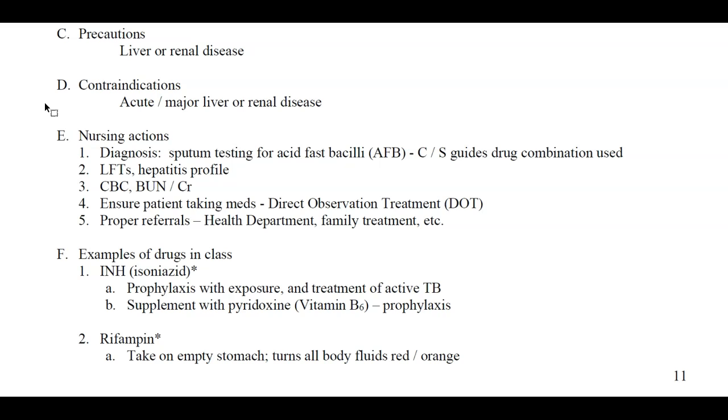Now, the QuantiFERON-Gold serum blood test is more accurate, and it will give the provider an idea of a current active TB infection. That being said, insurance companies don't always cover the QuantiFERON-Gold test. So sometimes if it's not covered, we have to use the other tests available to us, which is commonly the TB skin test as well as chest x-ray.